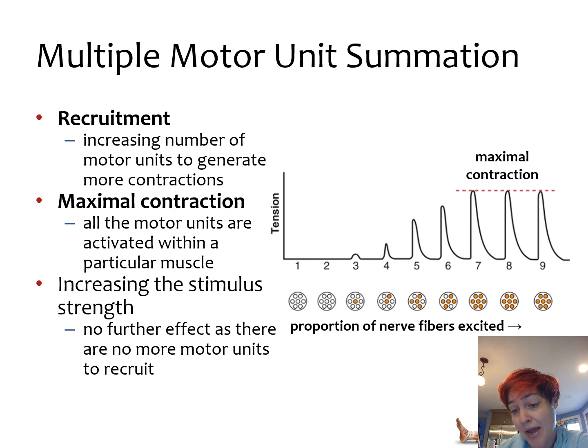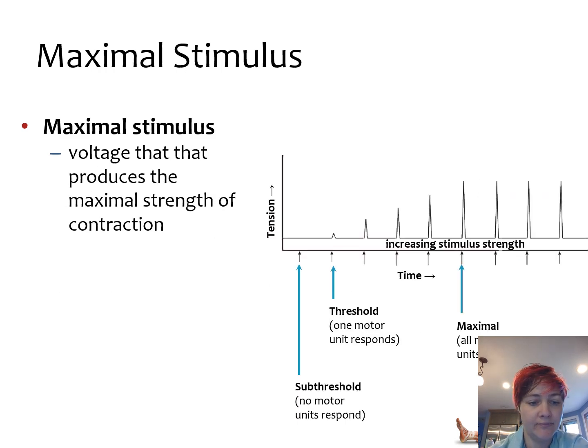That's the amount of motor units you have. You're not going to be able to increase tension any more than that. Hopefully you guys understand that. So once you hit that plateau, that's the maximal stimulus that you've hit.